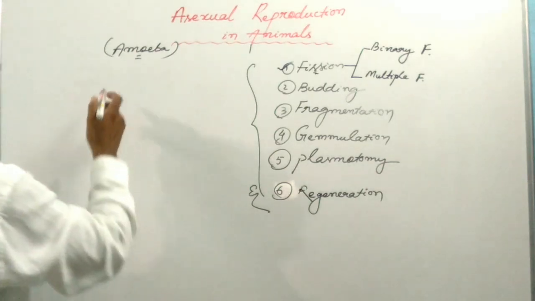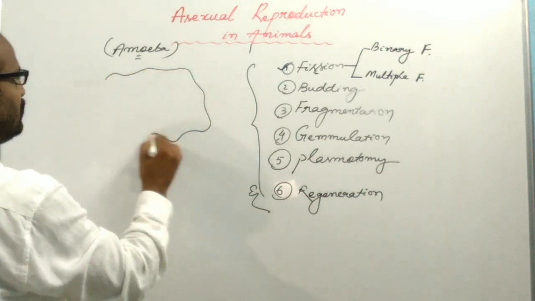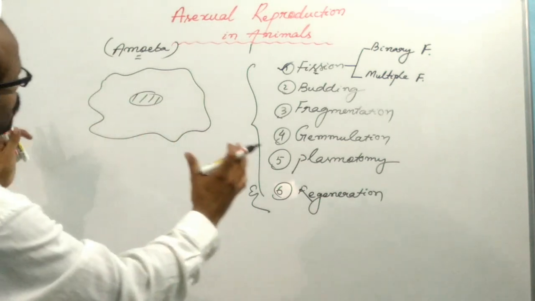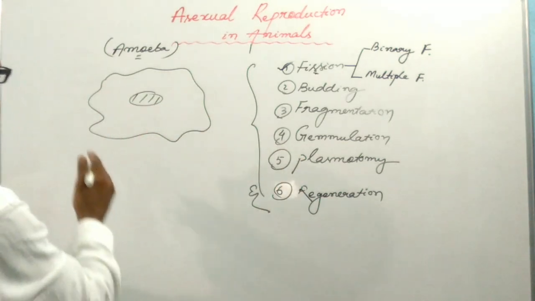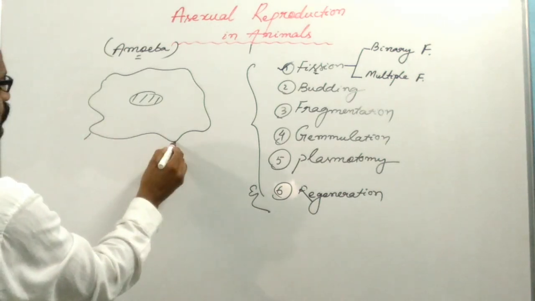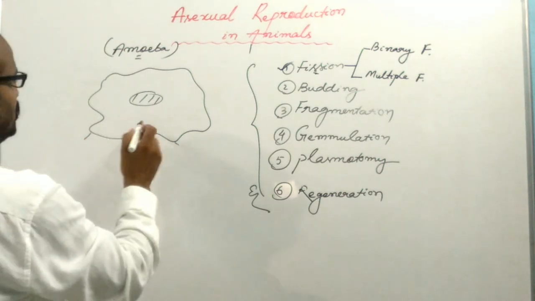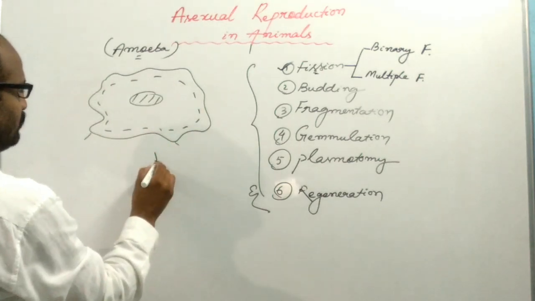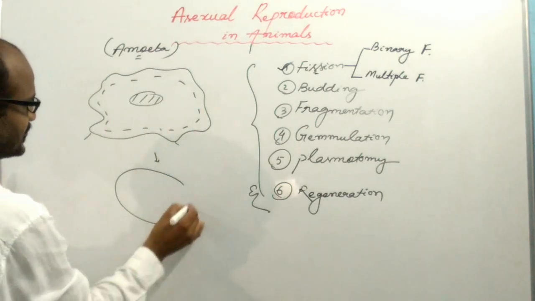In favorable conditions, amoeba stops feeding and withdraws all the pseudopodia, here the pseudopodia, and it becomes spherical in shape.